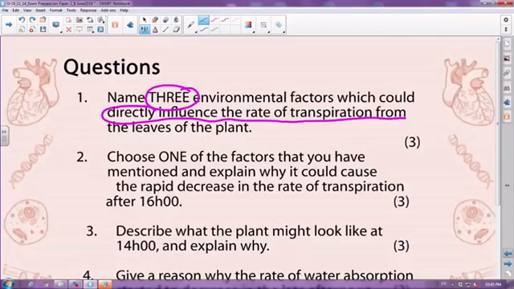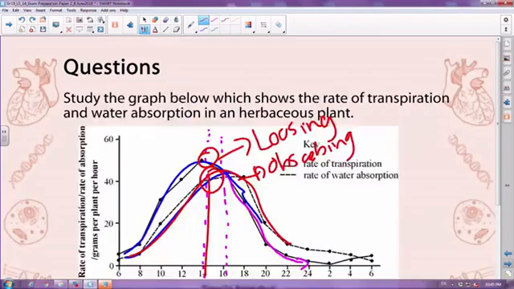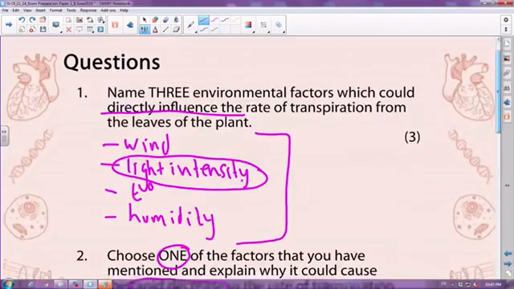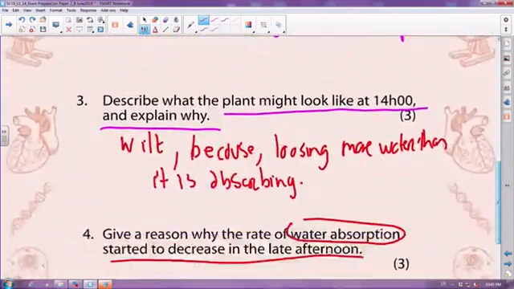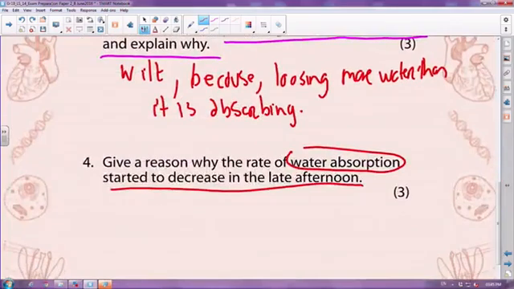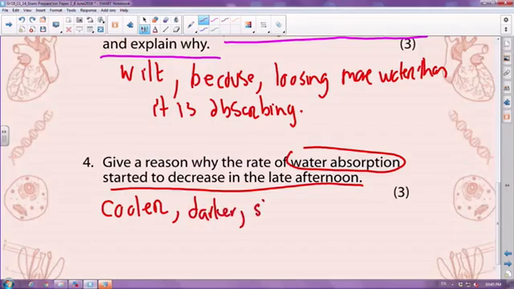Why do we not need to absorb more water? Because it also gets cooler. And it's darker. The stomata close, so we decrease the rate of transpiration.